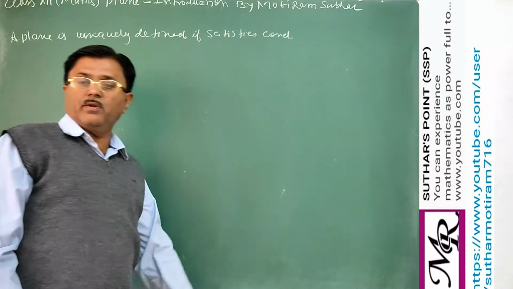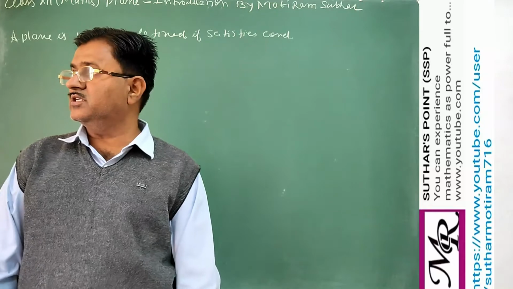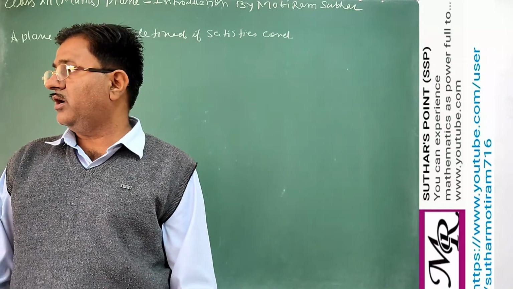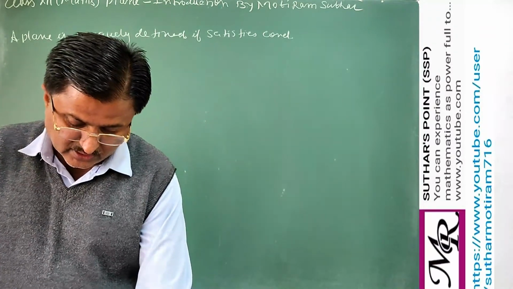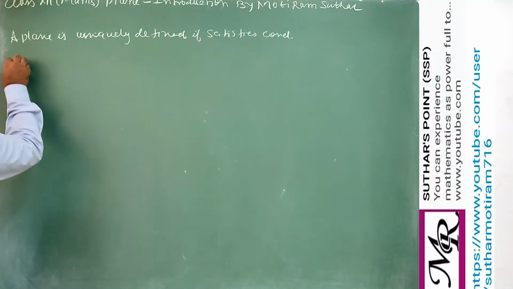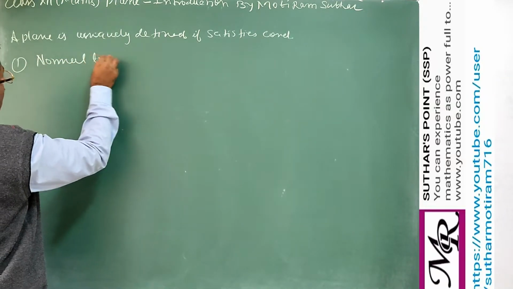We can define a plane with the help of a condition, and depending on what condition is given, one can write the equation of the plane. So the first condition is the normal to the plane.